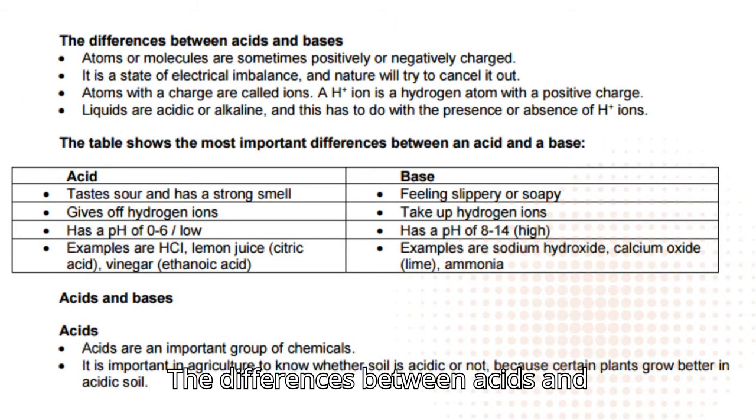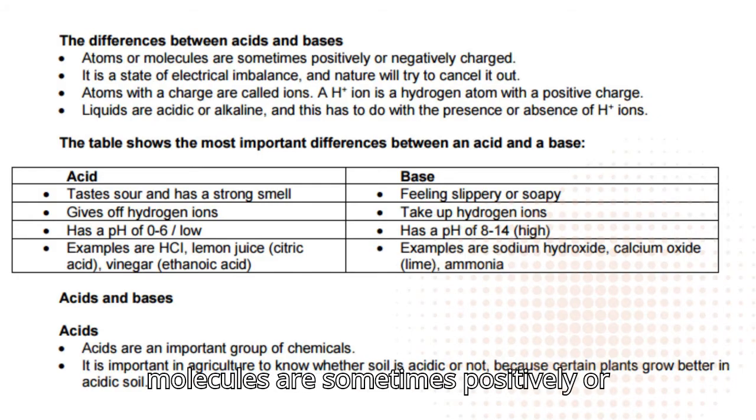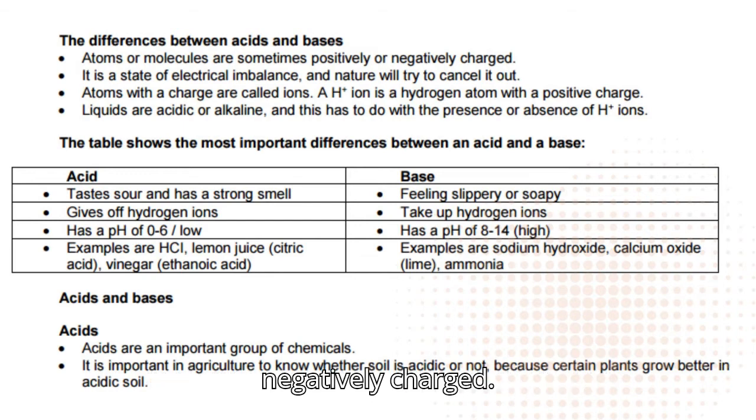The differences between acids and bases. Atoms or molecules are sometimes positively or negatively charged. It is a state of electrical imbalance, and nature will try to cancel it out. Atoms with a charge are called ions.